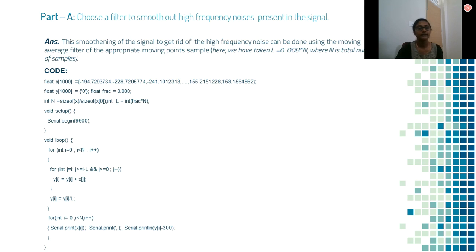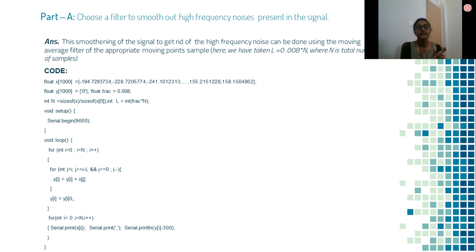First we have given the samples to the board, and we will get the output in Y. We take this float factor to be 0.008, and int n is the number of samples, obtained by size of x by size of x of 0.